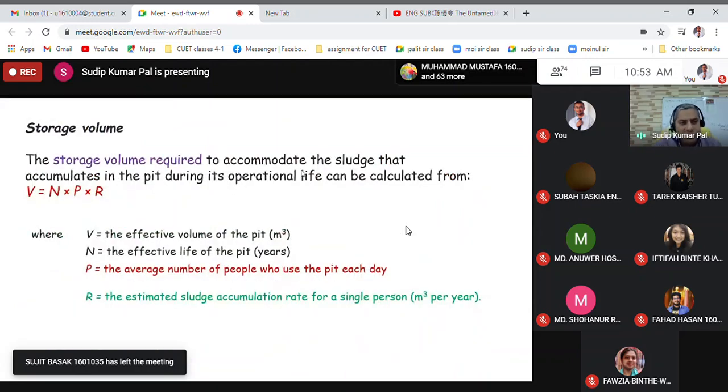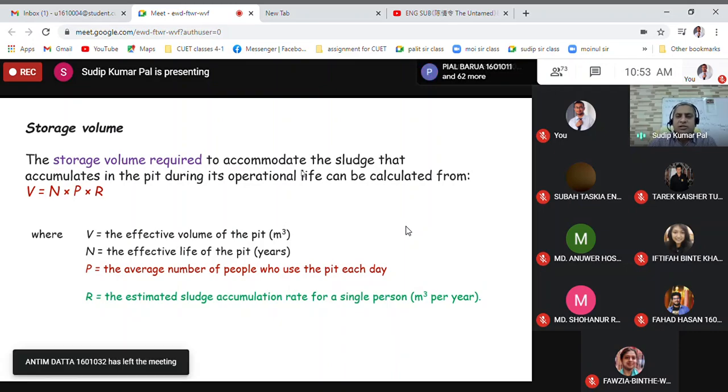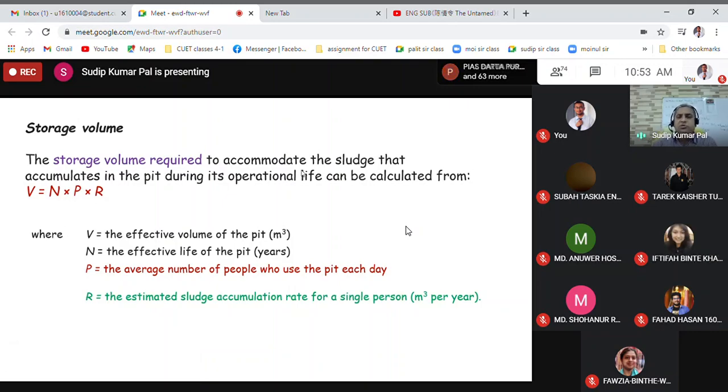Now, coming back to the mathematics, which is much easier, and as engineers we always prefer to do the calculation. The storage volume required to accommodate the sludge that accumulates in the pit during its operational life can be calculated by V, the volume, in cubic meters, equal to N, the effective life of the pit, P, the number of people using this pit each day, and R, the estimated sludge accumulation rate for a single person.